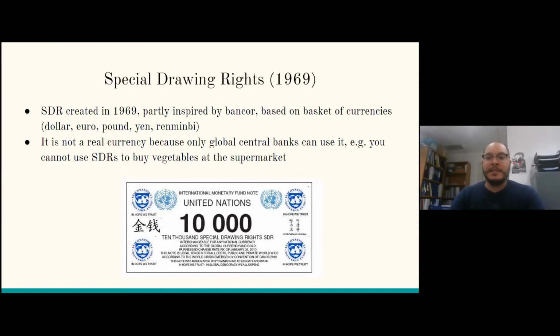It is based on a basket of currencies. Originally, the dollar, a bunch of European currencies, the pound, and the yen, but now the dollar, euro, pound, yen, and then recently the renminbi. It is not a real currency because it's only allowed to be used by central banks. You cannot walk into a supermarket and buy vegetables or milk with SDRs.